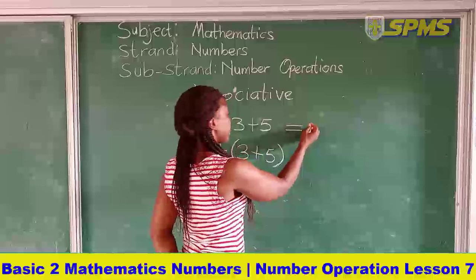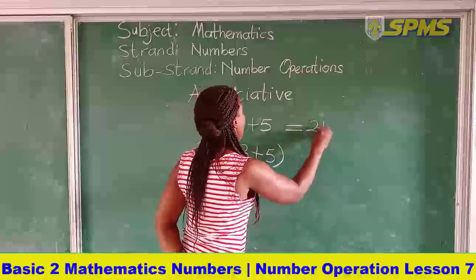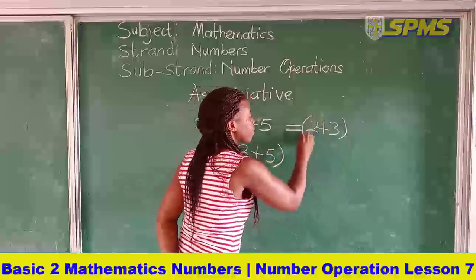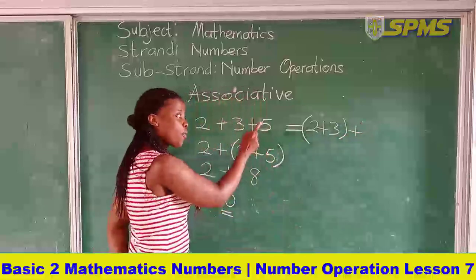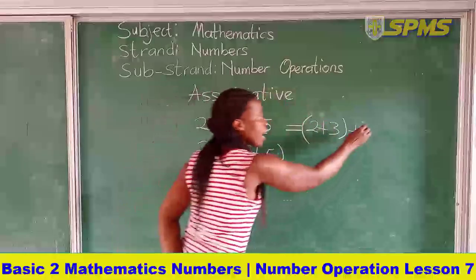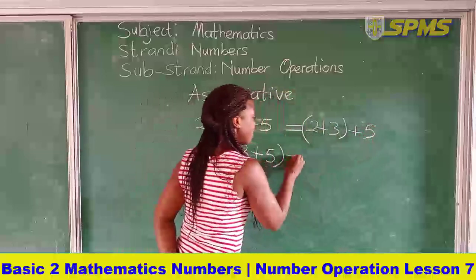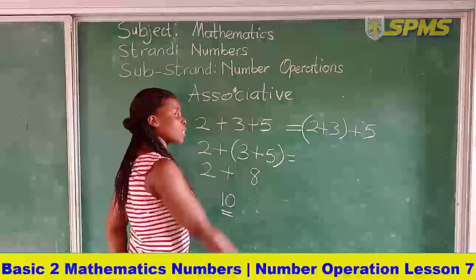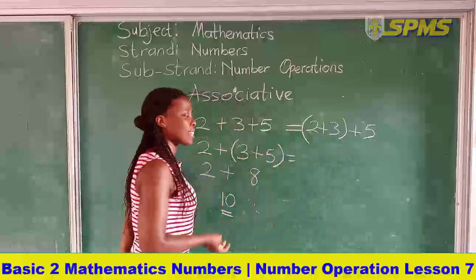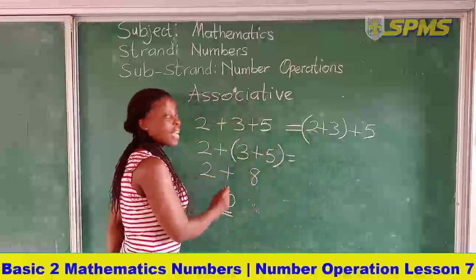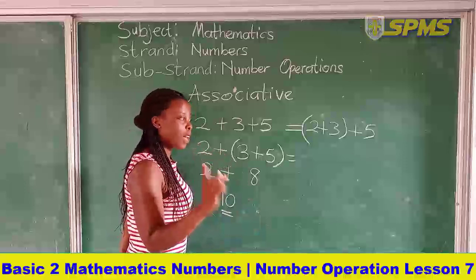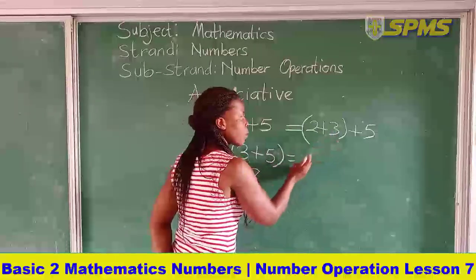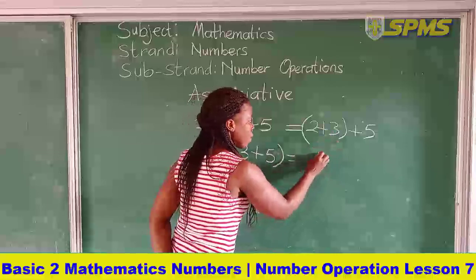So I'm going to have this 2 plus 3. Now your 5 is outside the bracket. Let's see whether this is going to associate or is going to get the same answer to be 10. Okay, first of all, you work what is in the bracket first. So this and this is going to give you what? 5.